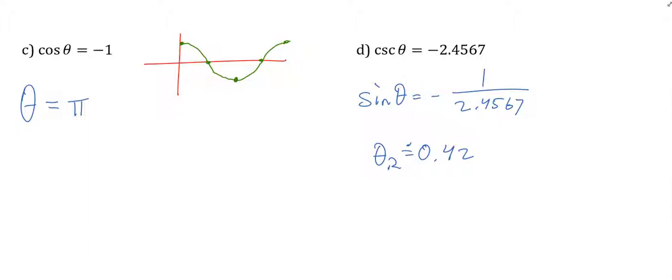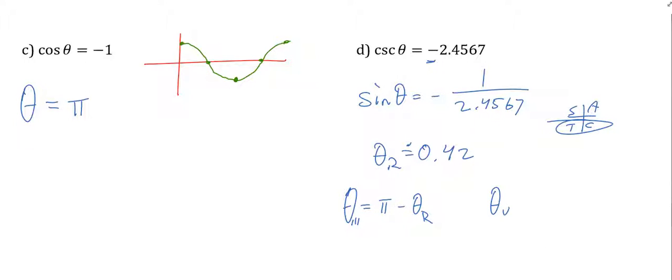Okay? And then sine is negative in which quadrants? Cast rule says 3 and 4. So in quadrant 3 is pi minus theta related, and quadrant 4 is 2 pi minus theta related.